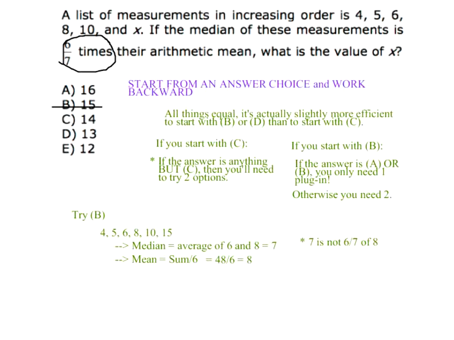This means this is the ratio of median to mean. So if that ratio is too big, that means your mean is too small. If you realize that, then you are done, because the only thing that makes the mean bigger is choice A. But if you don't realize that, then you can just go ahead and try A.